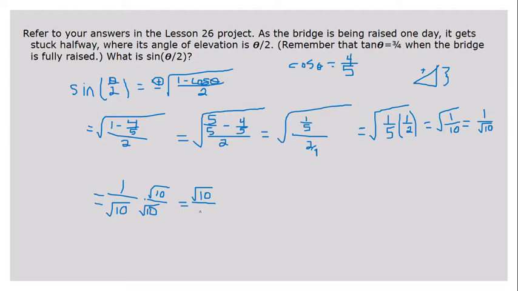Square root of 100 would be 10. Also, multiplying the square root of 10 times the square root of 10 is the same as squaring it, and the squared and square root cancel out. So my final answer for the sine of theta over 2 is square root of 10/10.